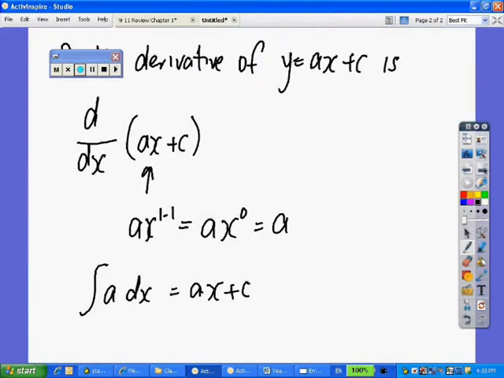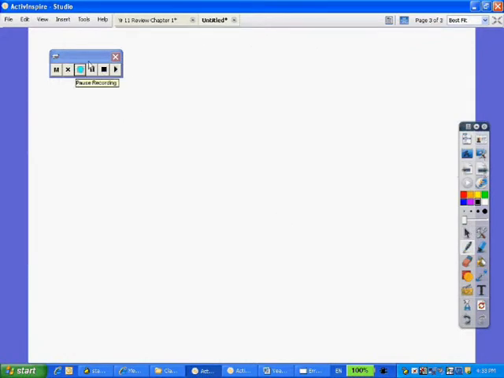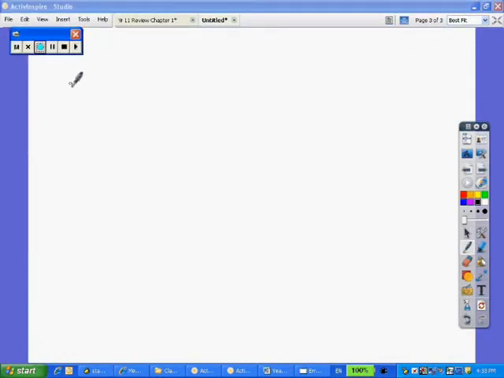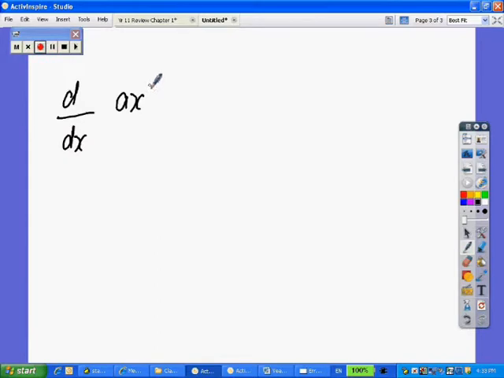Now looking at a more generalized rule, for the derivative of any function where I have ax to any power, we can go back 1 and add 1 to it, where n is the original power.